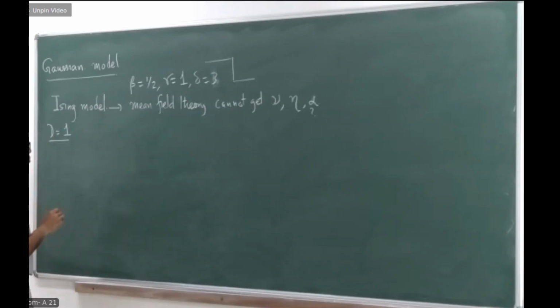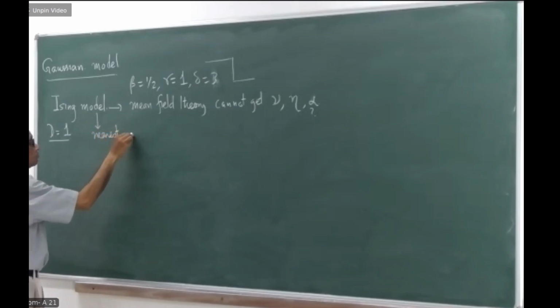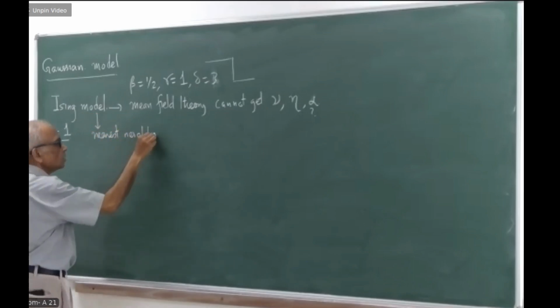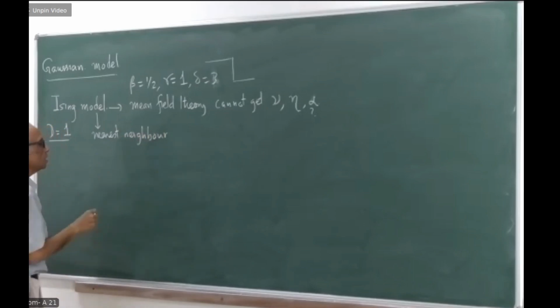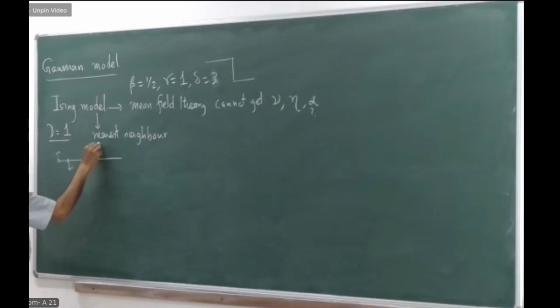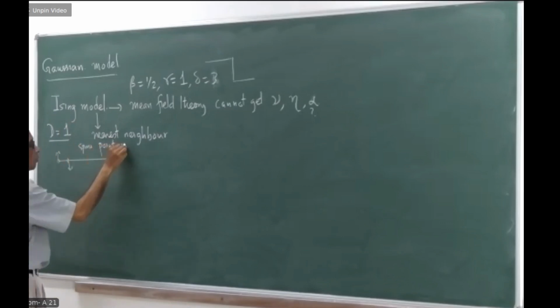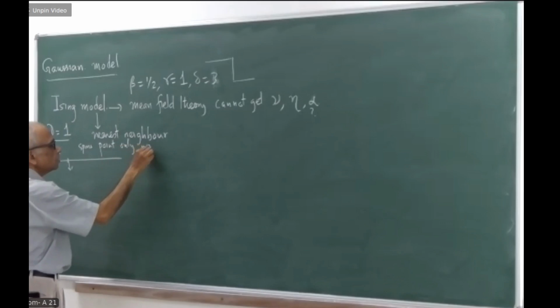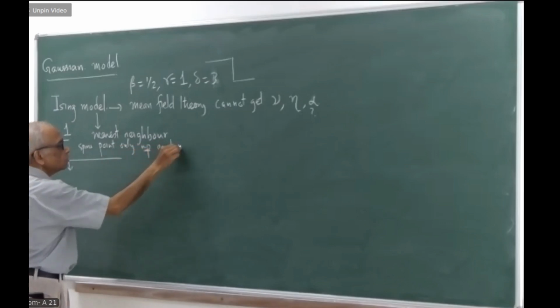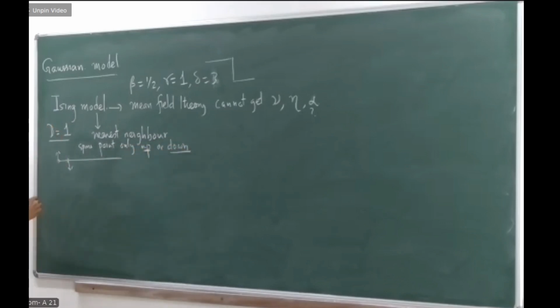So I want to start with the D equal to 1 Ising model, nearest neighbor interaction, and these are Ising spins, which can point only up or down. So just two available states.